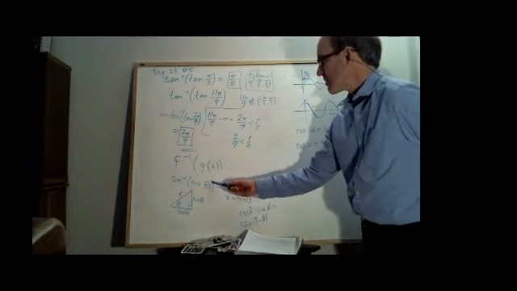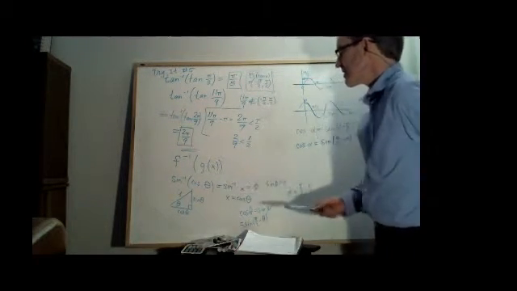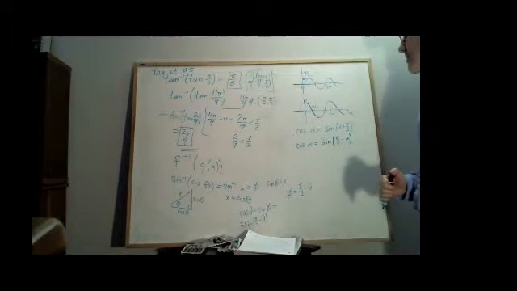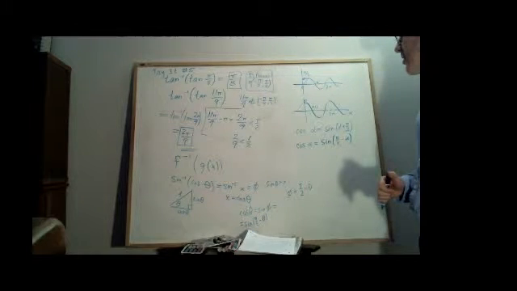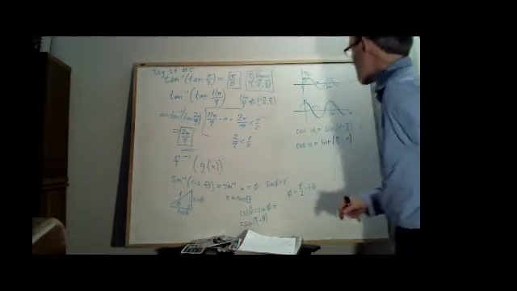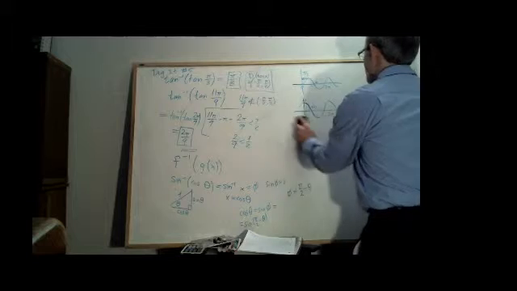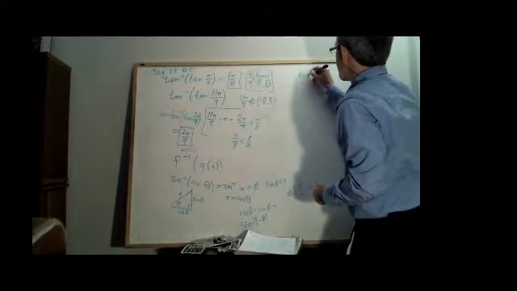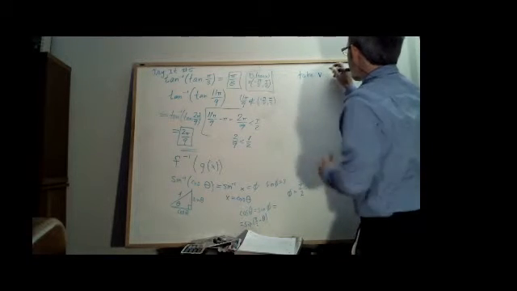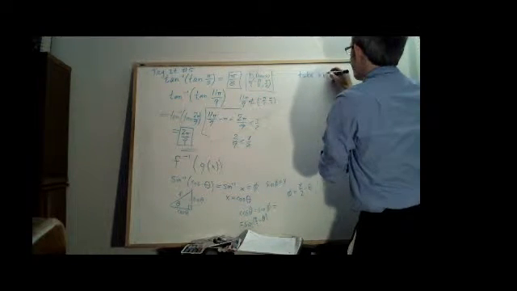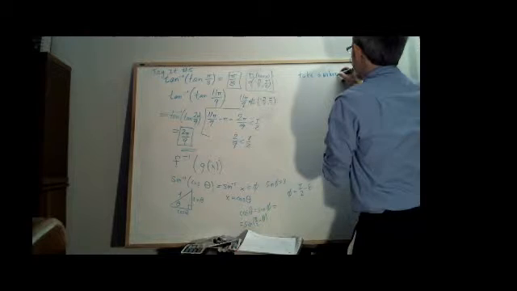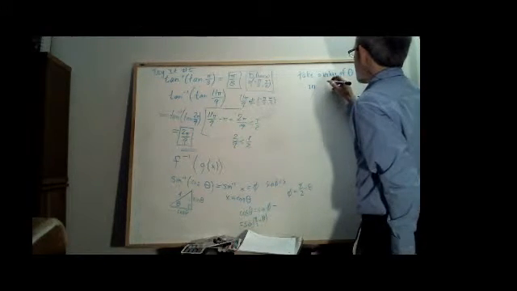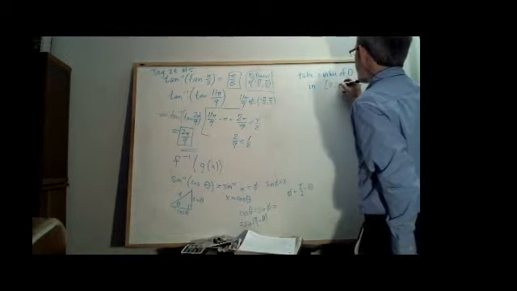So what I want to do is take an angle theta which is in the correct domain of the cosine function. The standard domain of the cosine function is 0 to pi.